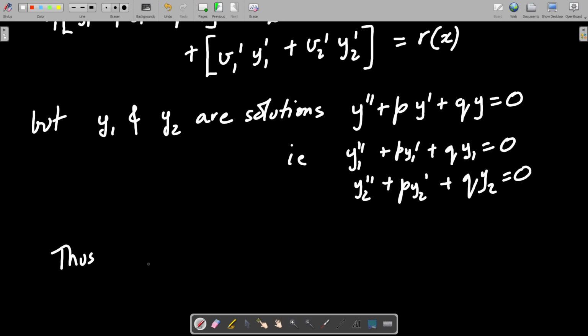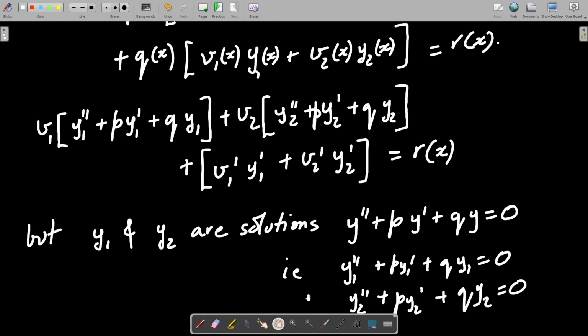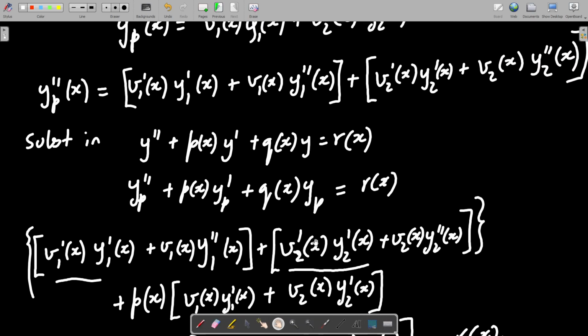Thus, what remains is only v1 prime y1 prime plus v2 prime y2 prime. So now we have two equations here with v1 prime and v2 prime. Where is the first one, by the way?